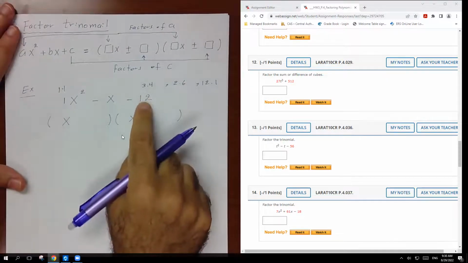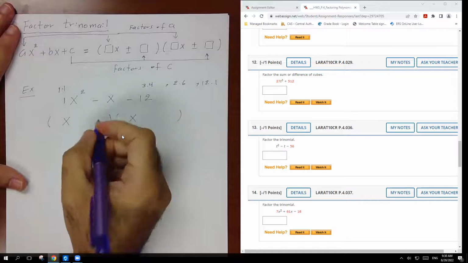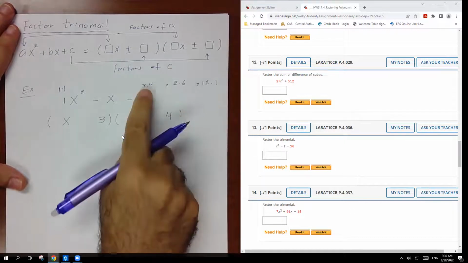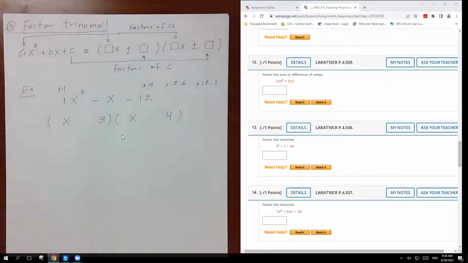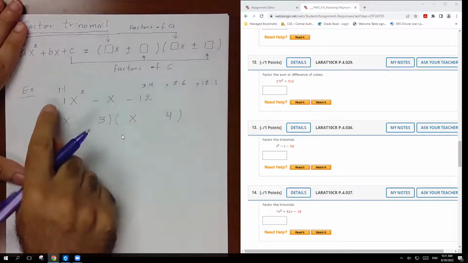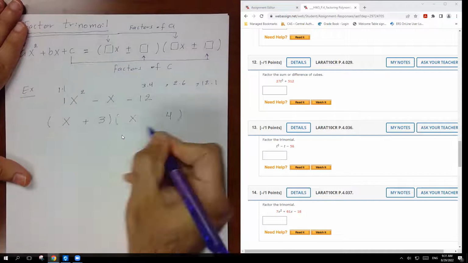Factors of 12 is going to be 3 and 4. I'm going to start using this one. What about the sign? You have to choose the sign. I'm going to start choosing this sign. I'm going to put the plus here and minus here.